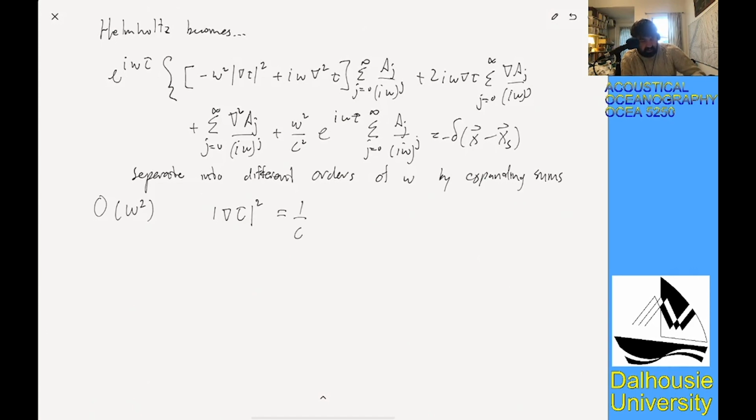this familiar looking equation. If we just look at the order omega terms, we get these guys here, and for general order omega to the 1 minus j, we get a similar looking recursive equation here.